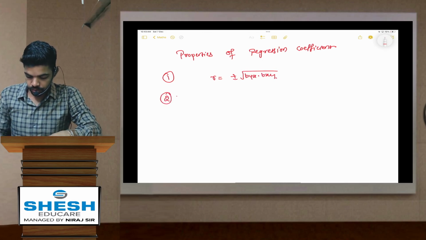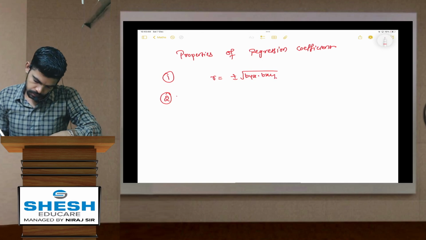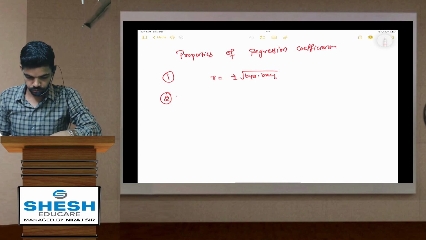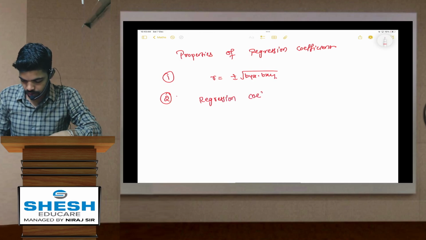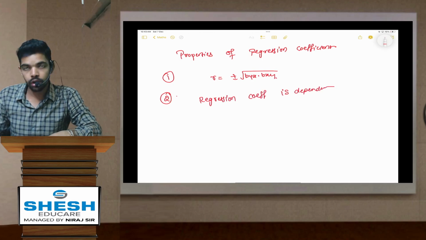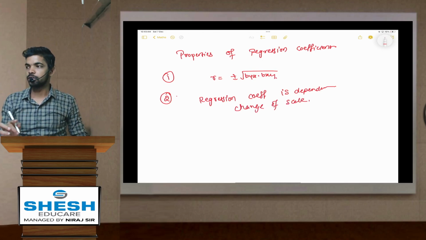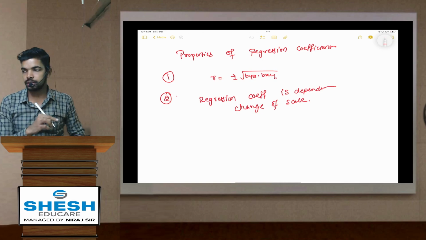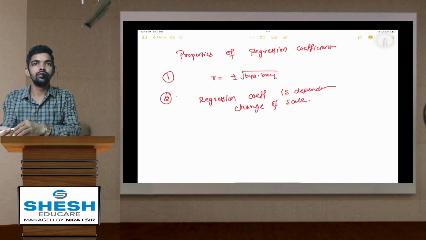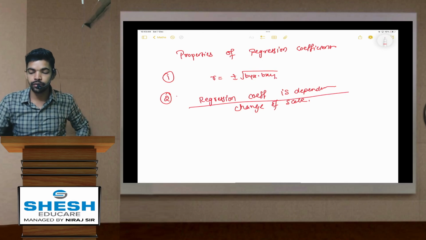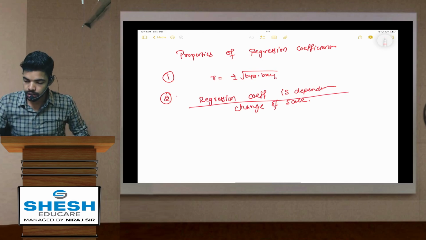Second, the regression coefficient is dependent only on change of scale. Correlation coefficient was neither dependent on change of scale nor on change of origin, but regression coefficients are dependent only on change of scale.